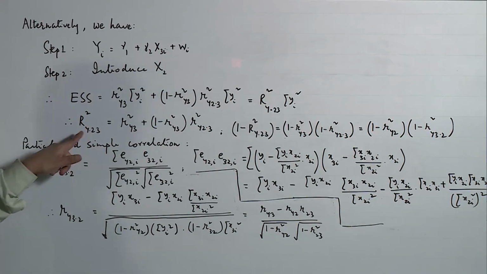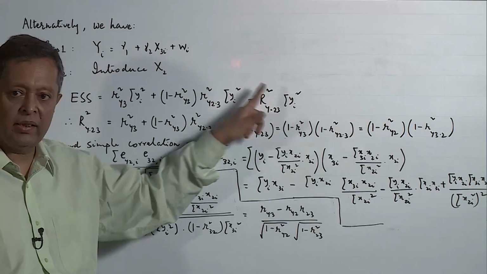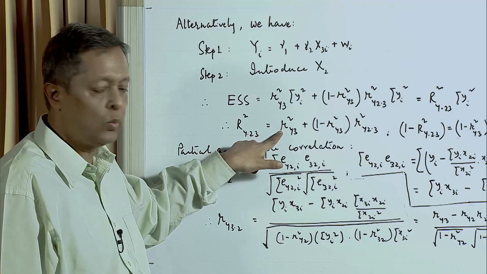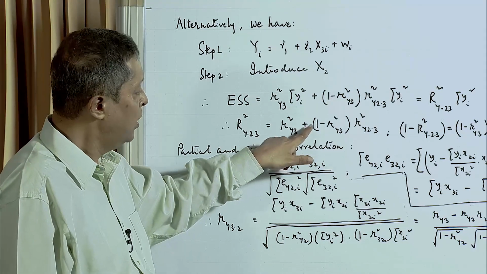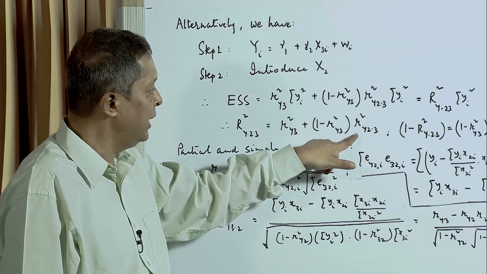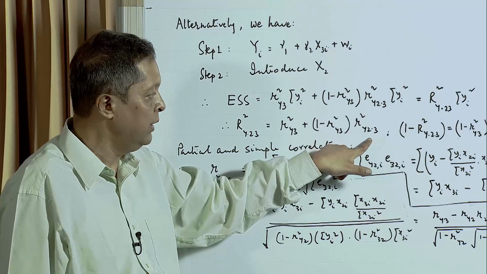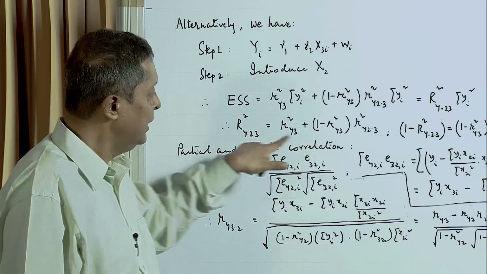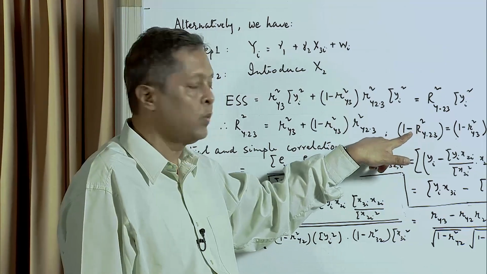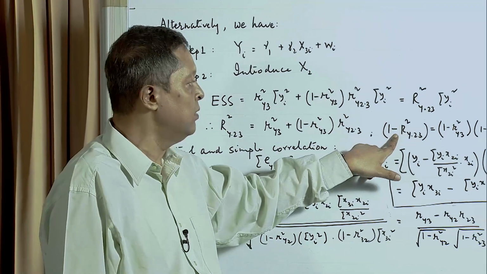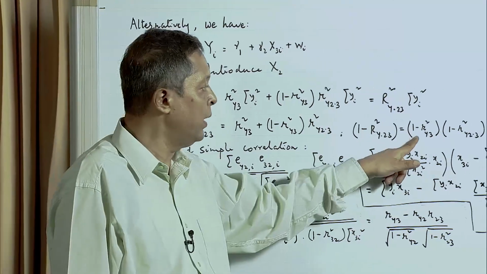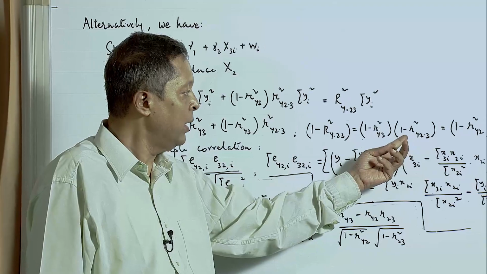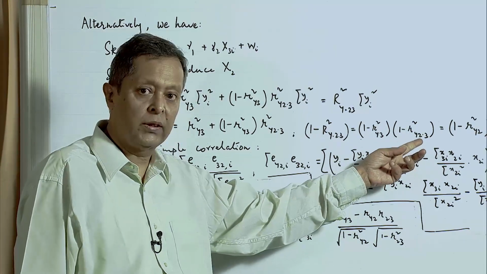In other words, striking out the summation yi squares, we get r square y dot 2 3 equal to r square y3 plus 1 minus r square y3 times r square y2 dot 3. Therefore 1 minus r square y dot 2 3, which is the final residual sum of squares after step 2, comes out to be 1 minus r square y3 multiplied by 1 minus r square y2 dot 3.